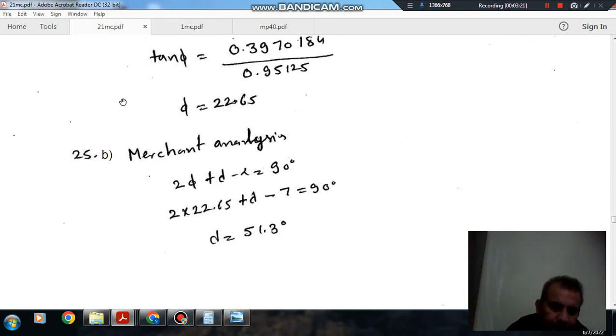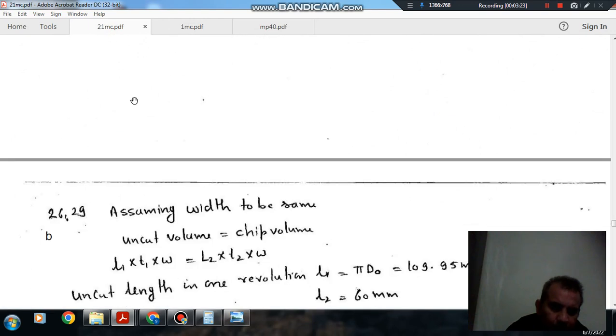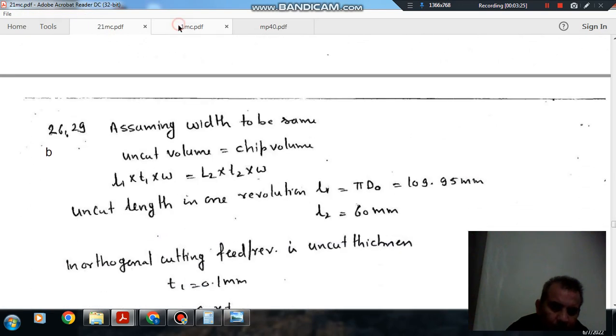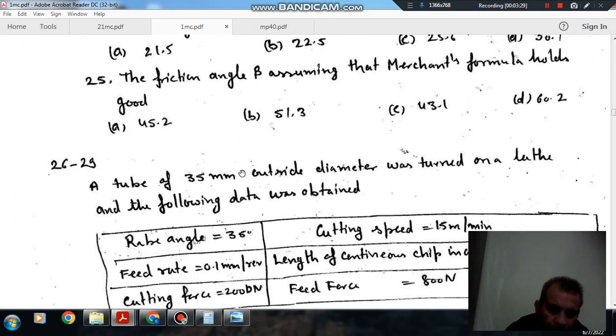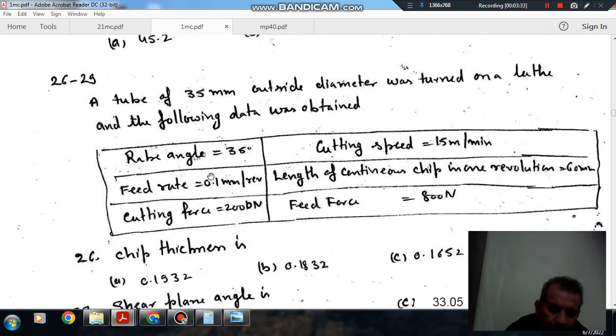So here the given data are the outer diameter of the tube, the feed, the cutting speed, and the length of continuous chip in one revolution.